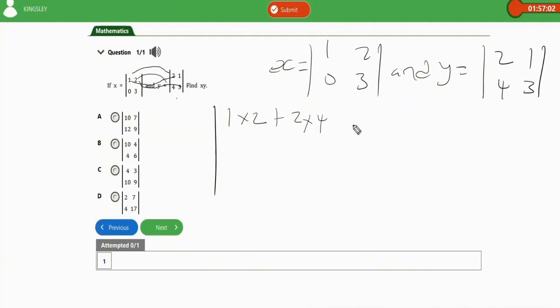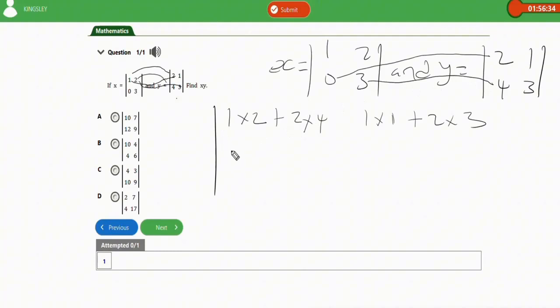So this will give us 1 times 1 plus 2 times 3. Then you come to the values below, the same route. This 0 we times this 2, and this 3 times this 4 first.